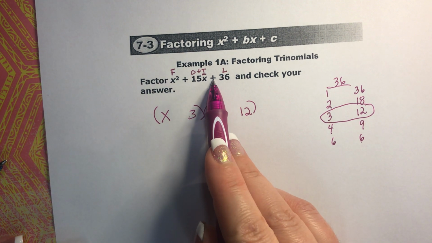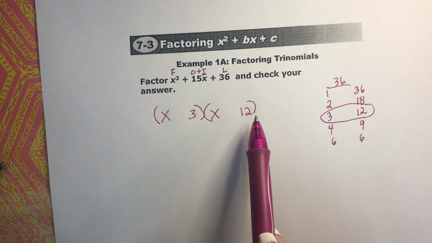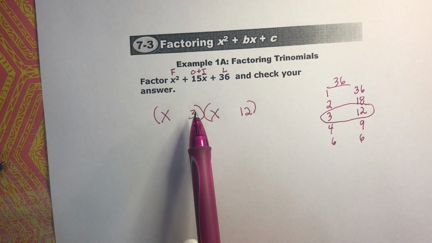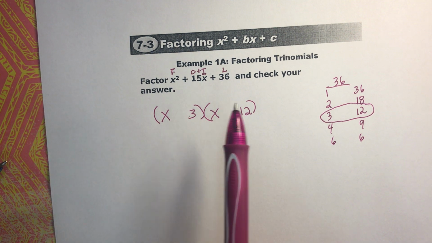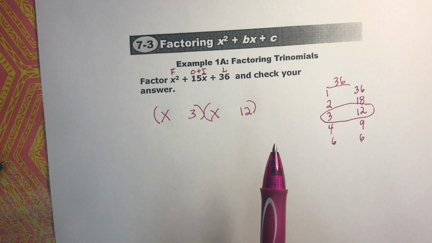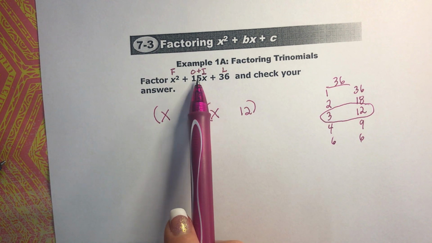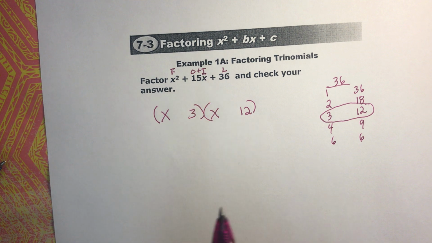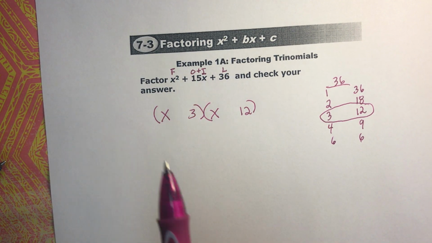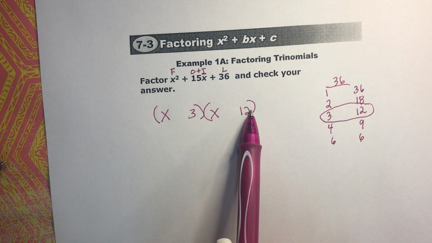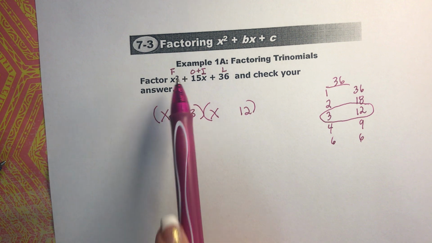Since the last term is positive, we only have 2 options, right? To get that last term, 3 times 12, you can either multiply a positive times a positive to get a positive number, or a negative times a negative to get a positive number. But you still have to add those together for the middle term with the outside and inside. A negative and a negative would give you a negative 15x.